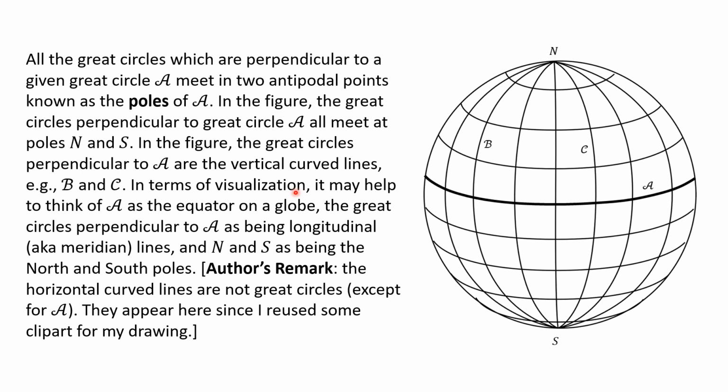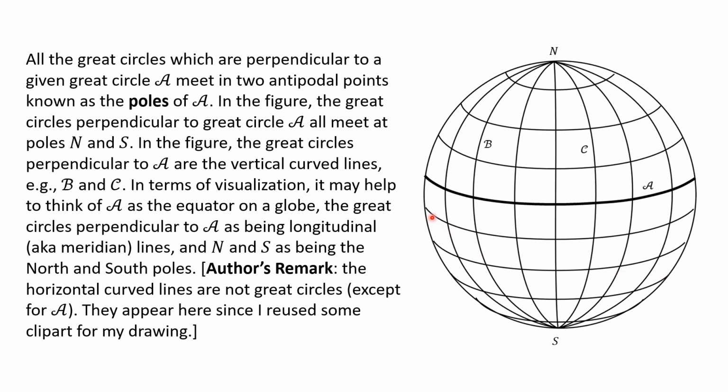In terms of visualization, it may help to think of A as the equator on a globe, and the great circles perpendicular to A as being longitudinal, also known as meridian lines, and N and S being the north and south poles. Of course, we could have a different great circle going in another direction, and then you would have different north and south, or whatever you want to call them, antipodal poles corresponding to all the perpendiculars to that great circle.